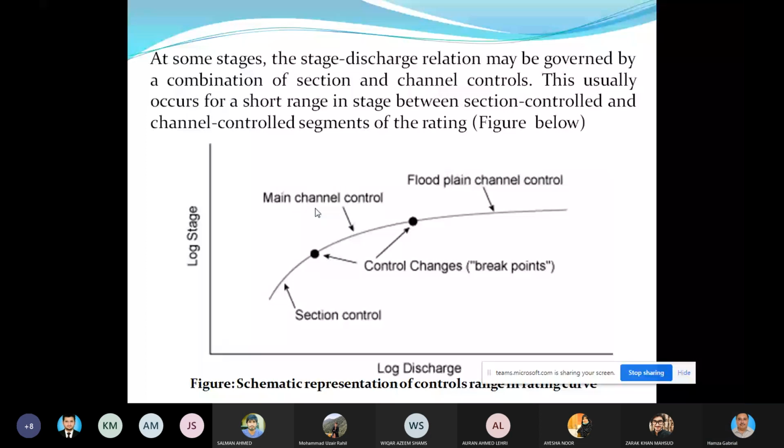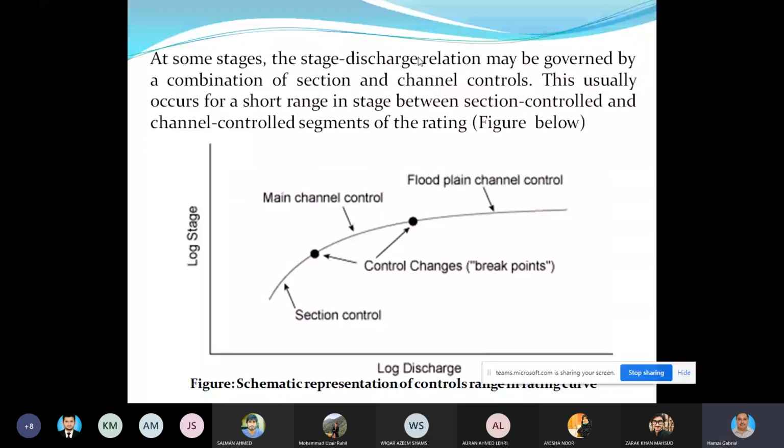And if the stage is still rising, that is, the water level is rising and the water spills onto the floodplains, then another breakpoint, or change in control, will take place, and the channel will not be controlled by the main channel, but by the floodplain channel control.